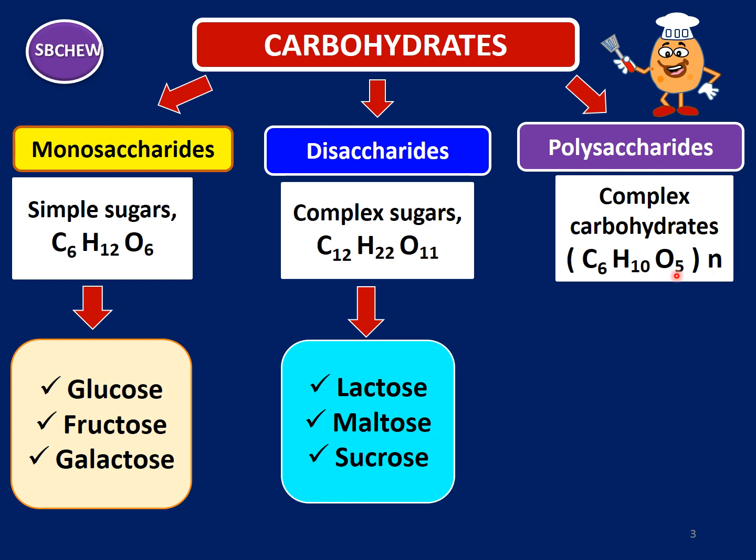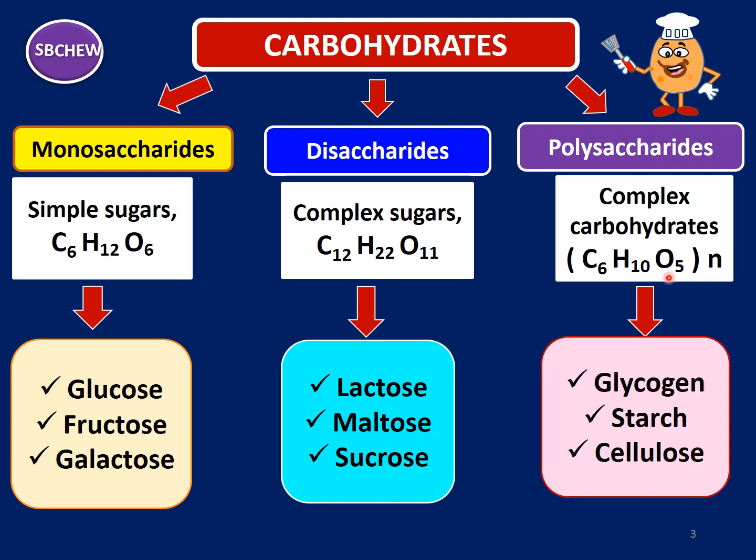So more than 100 of these units are joined together in a long chain. That's the structure of polysaccharides. Examples of polysaccharides are glycogen, starch, and cellulose. So in this video, we'll discuss monosaccharides, and in the next video, we'll be discussing disaccharides and polysaccharides.